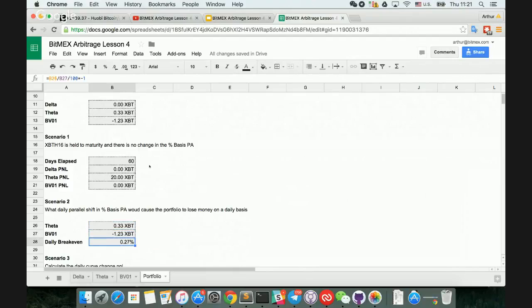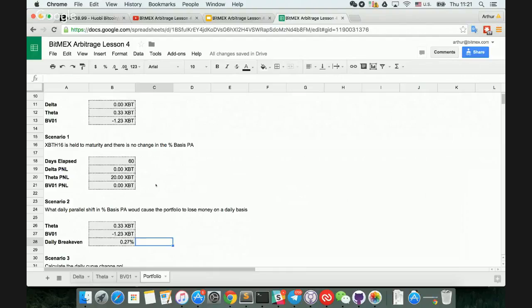So all we're doing is finding out at what percentage interest rate we would break even, i.e. the losses would exceed the gains on theta. If the interest rates rise in a parallel fashion more than 0.27% per day, we will start to show mark-to-market losses on our portfolio.